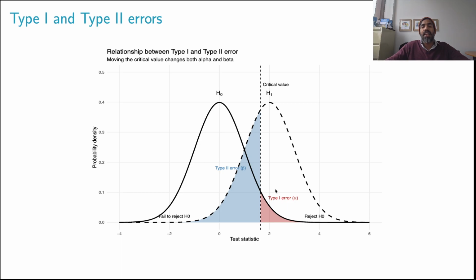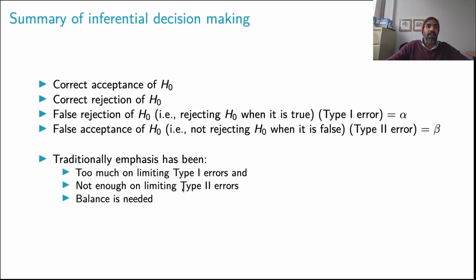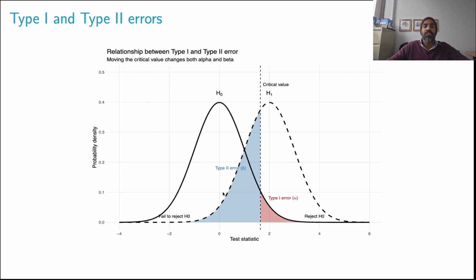And a type 2 error is what occurs here on the left, when you don't reject the null hypothesis when it is false.